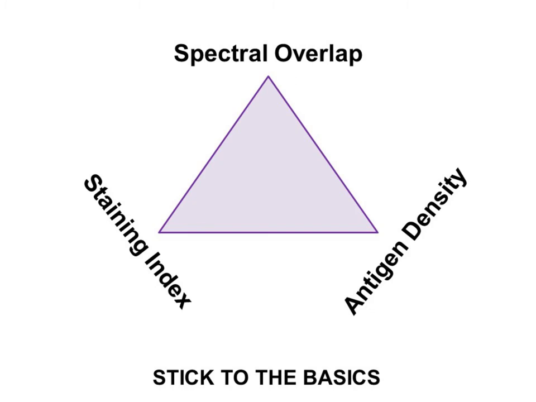What you are left with is a series of channels that are free for you to drop in your markers. We are guided by the basics of flow cytometry: staining index, spectral overlap, and antigen density. But we spent time working with the BD team in the US and in Singapore to optimize this and work it out faster.